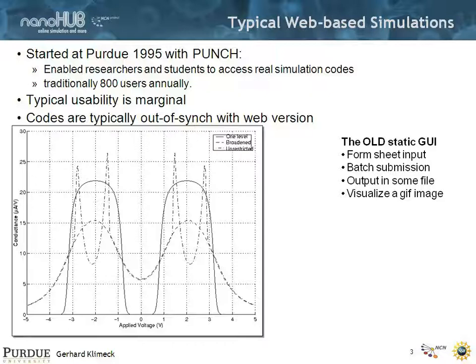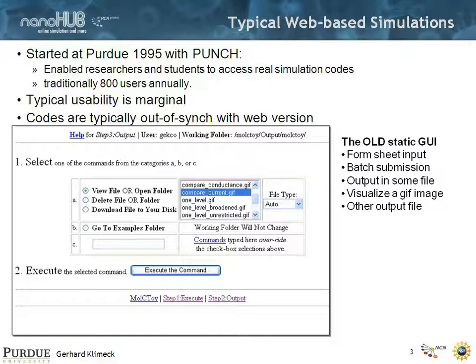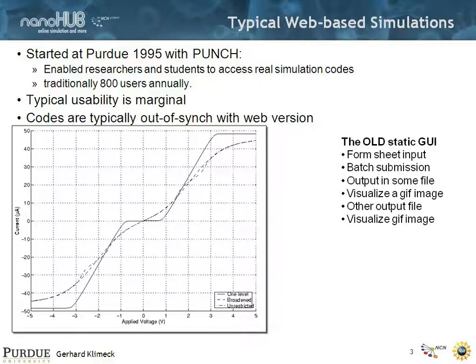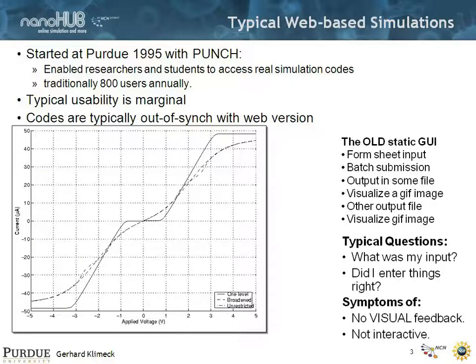You can't do it. You'd have to download the data on your own machine and put it in your own plotting package, and you can't really ask what-if questions anymore as easily. If you look at another output file, you can get something like this again. But at the end, you ask yourself, what was my input, right? You lost the connection to what was your original question.